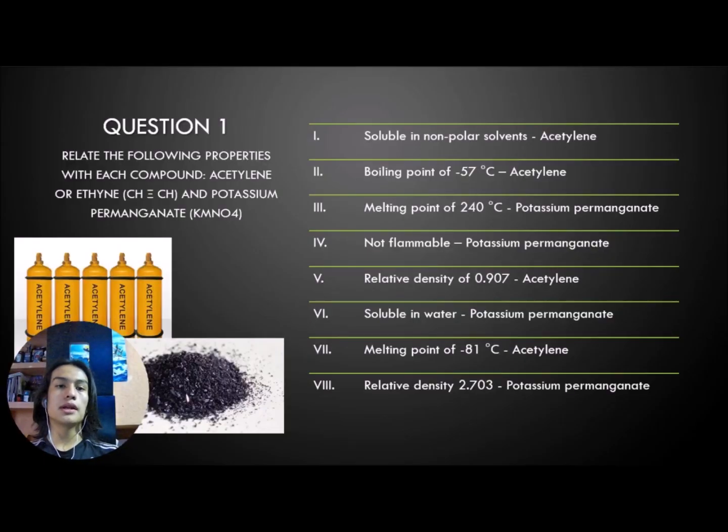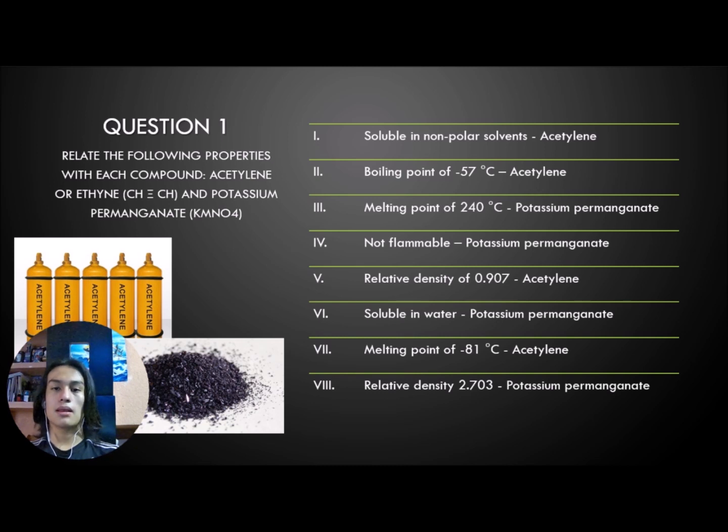Question 1. Relate the following properties with each compound: acetylene or ethene and potassium permanganate. First, soluble in non-polar solvents. Acetylene. Boiling point of -57 degrees Celsius. Acetylene. Melting point of 240 degrees Celsius.